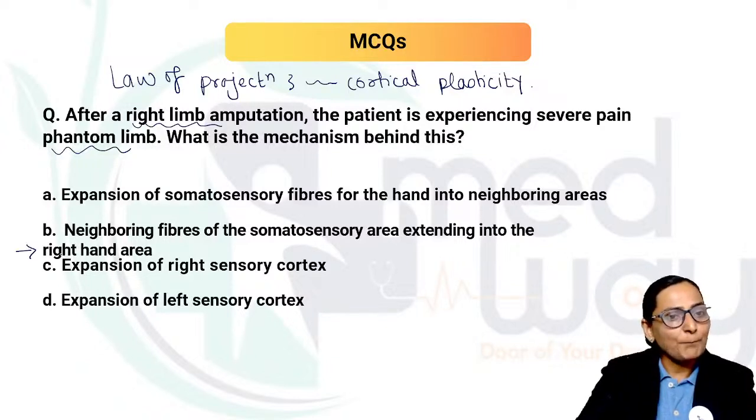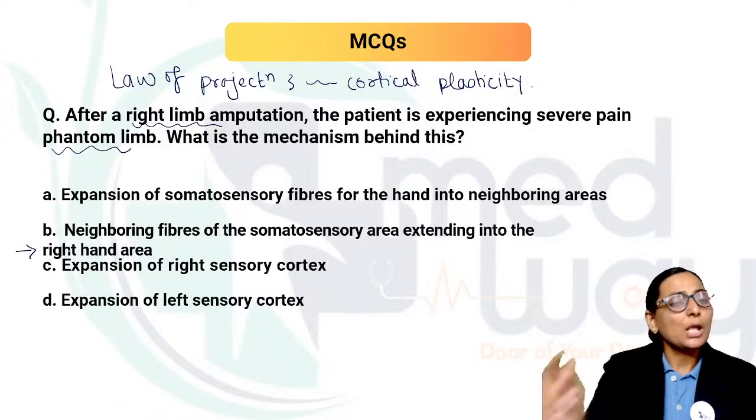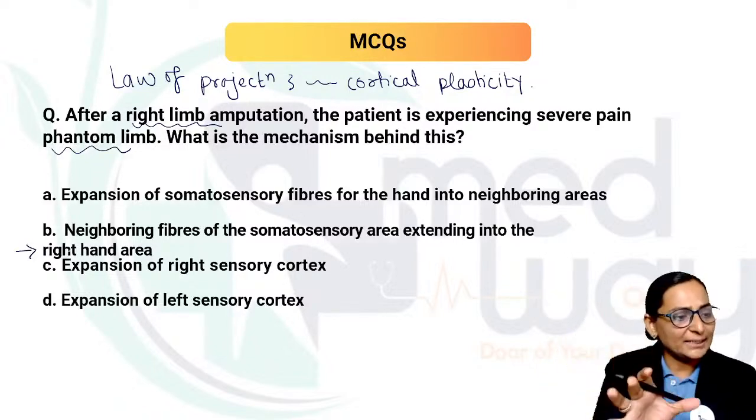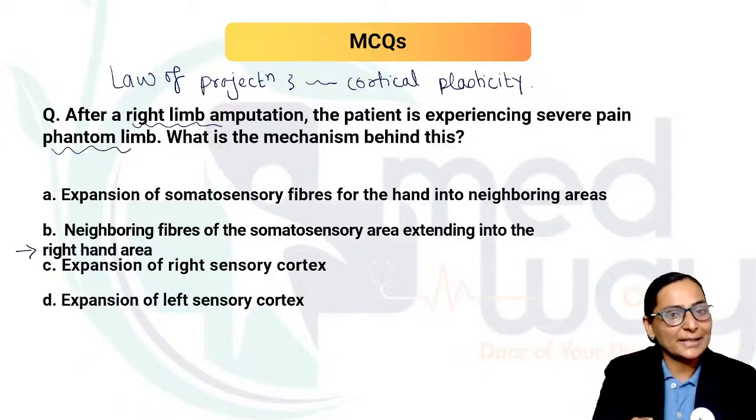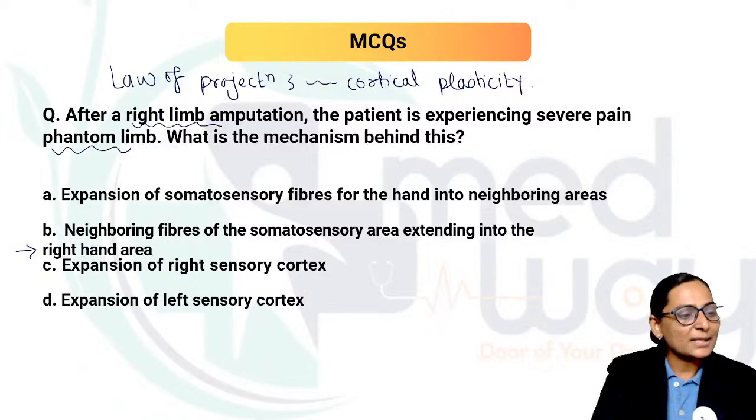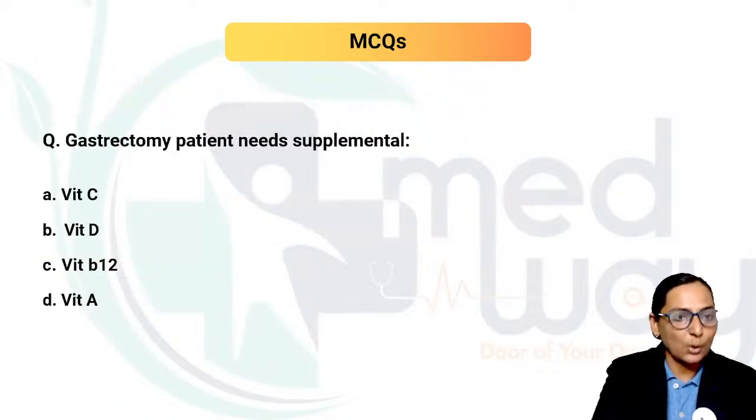That means the part that has been amputated, the remaining area will now have extended connections with the cortex. That is called cortical plasticity and comes under the law of projection. So, one of the important sensory laws.